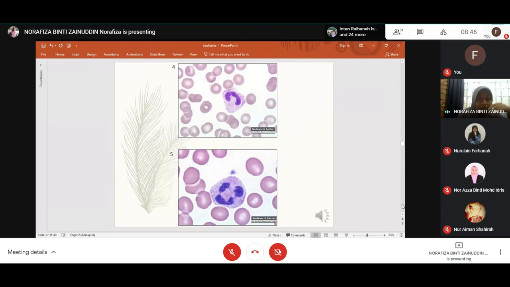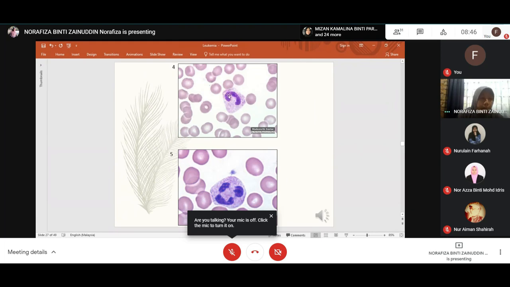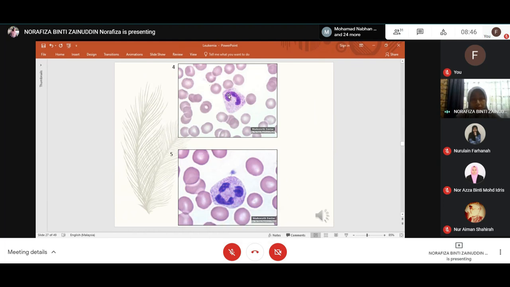So this one is a band neutrophil. Usually 1 to 2% of the peripheral leukocytes of chronic myelogenous leukemia patients have this kind of presentation.